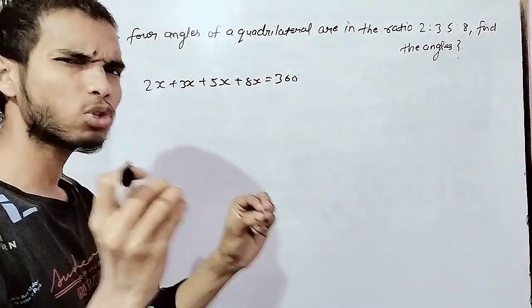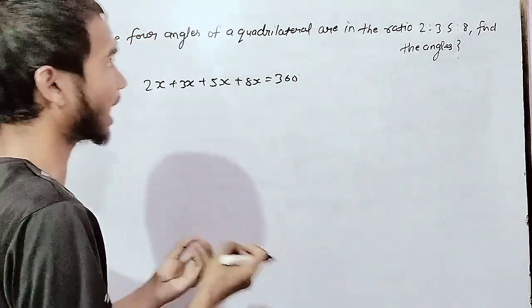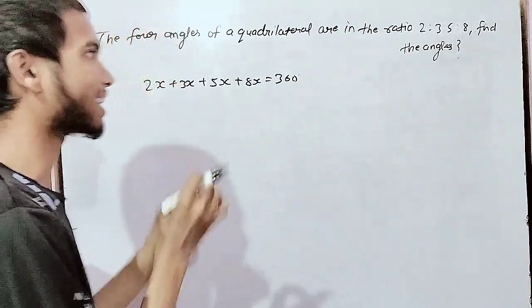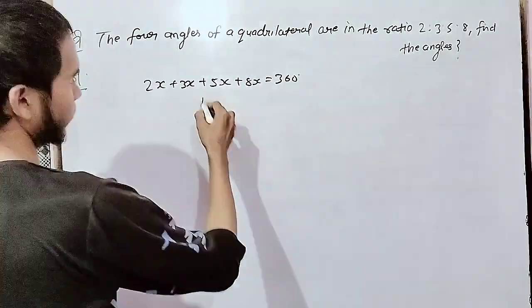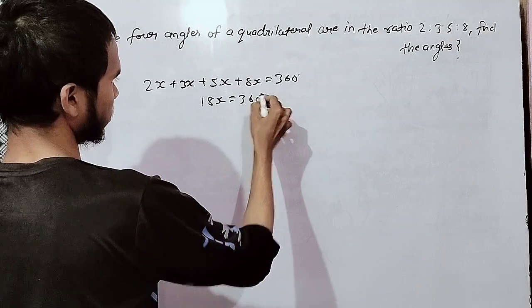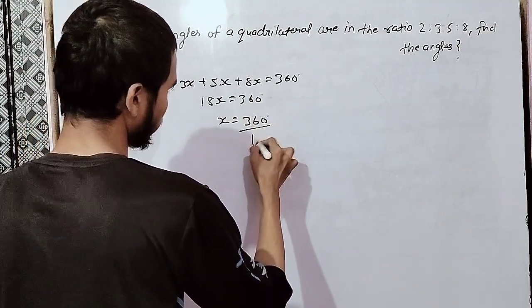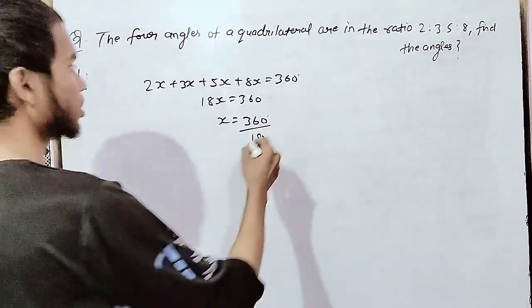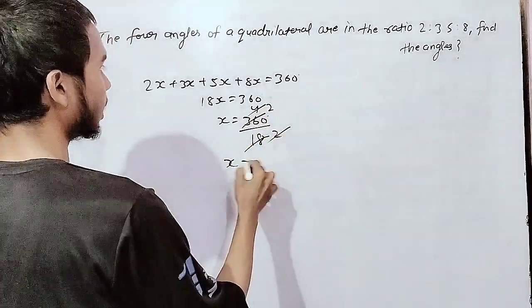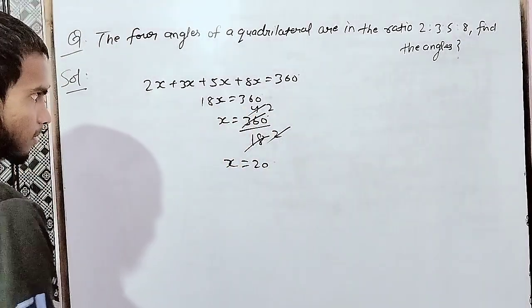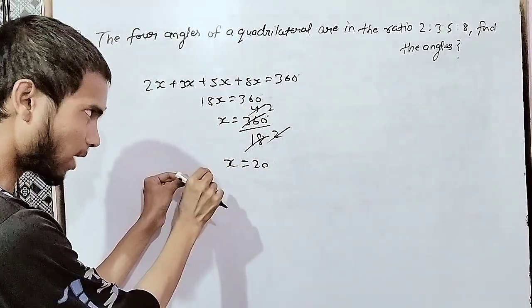Now we have a simple linear equation, and we need to simplify it to get the exact value of each angle. 2, 3, 5, 10, 18. 18x equals 360, so x equals 360 upon 18. x is 20. This is the final answer.